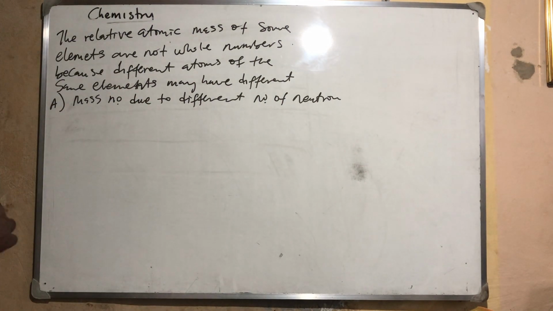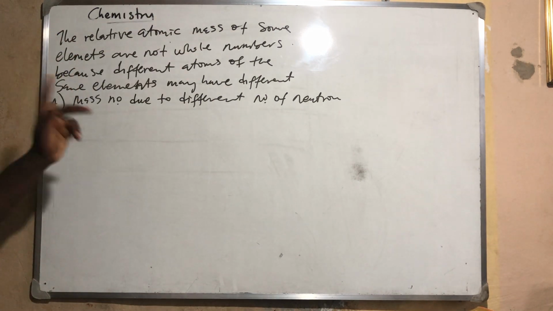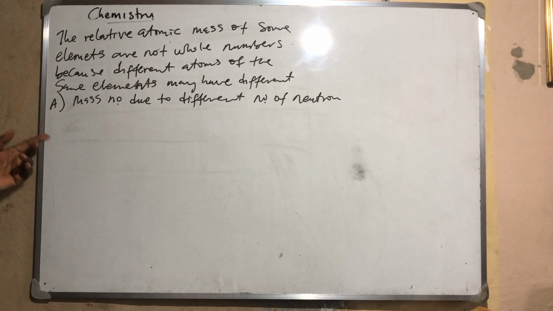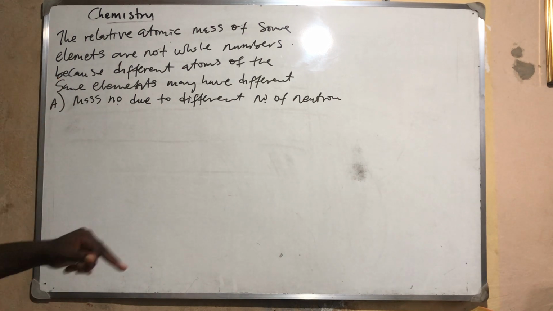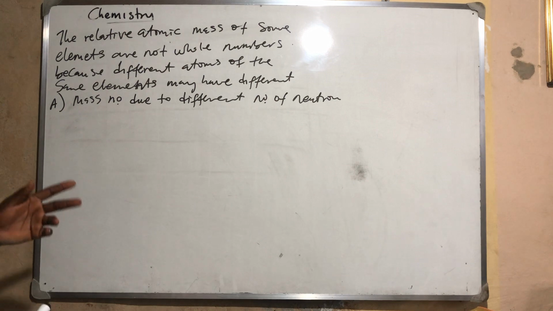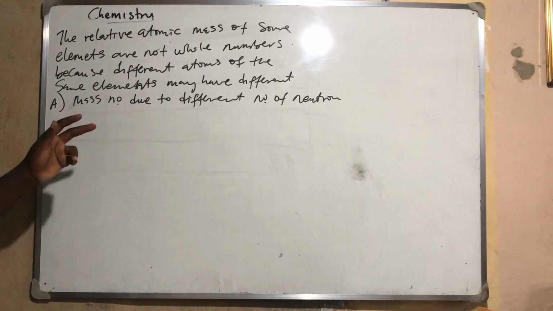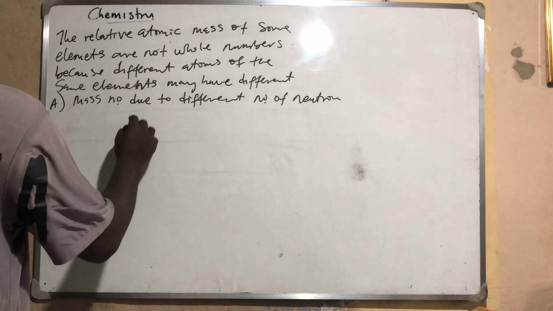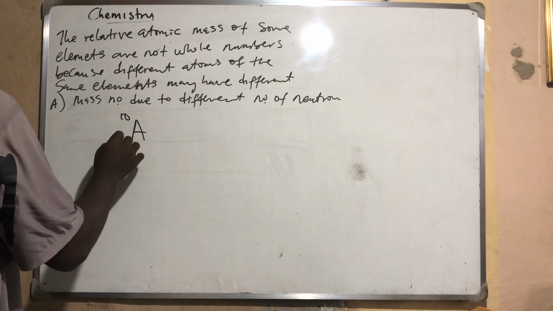Why? Because whenever the relative atomic mass of an element is not a whole number, that is, it has a point or is a fraction, it is due to the fact that that element has an isotope. And what brought about an isotope is because they have the same atomic number but different mass number. Okay, the one down is always the same. For example, maybe 10 here and 5 here.